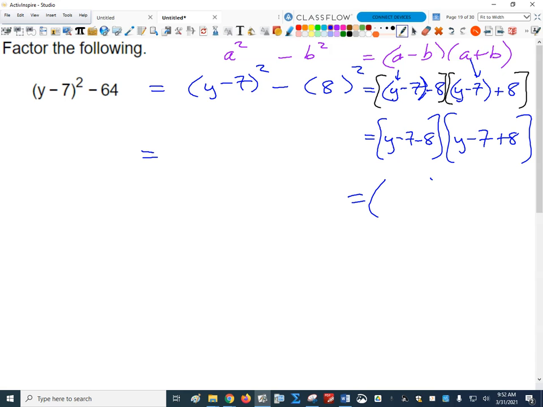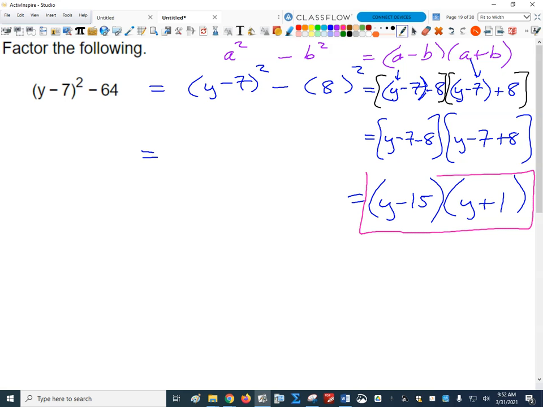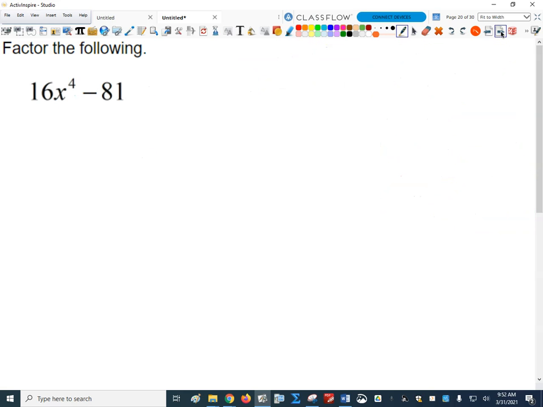And I'll turn those back into parentheses now because I don't have two layers. So I get y minus 15 times y minus 7 plus 8. Isn't that y plus 1? We got it. How about that? Those are pretty challenging, I think. Okay, good.